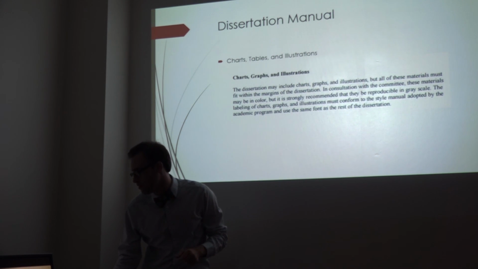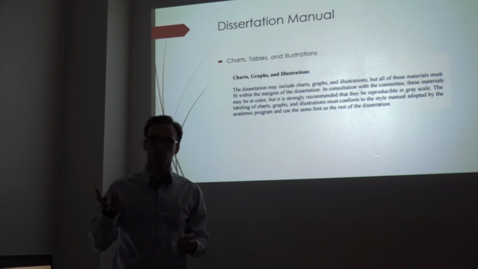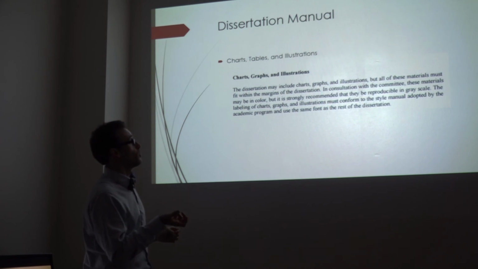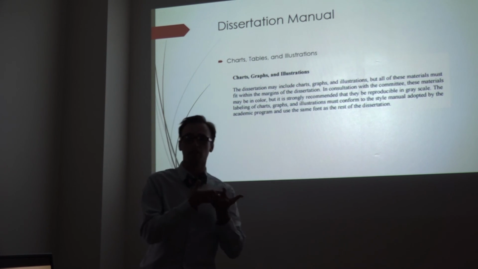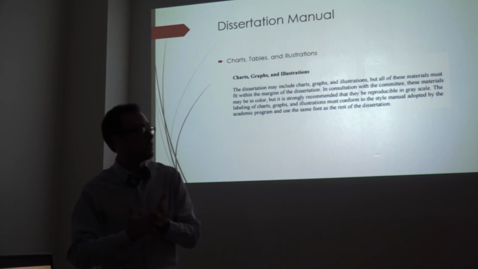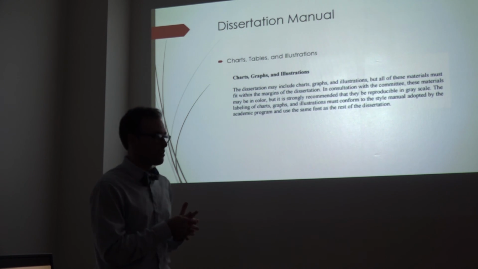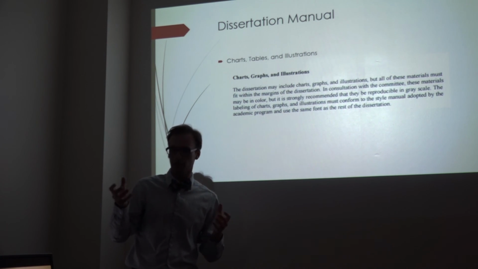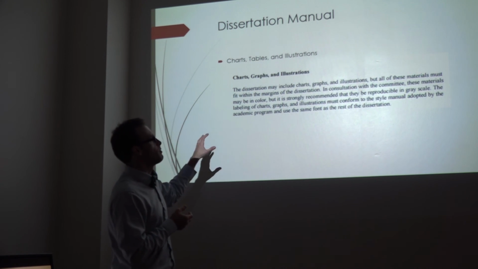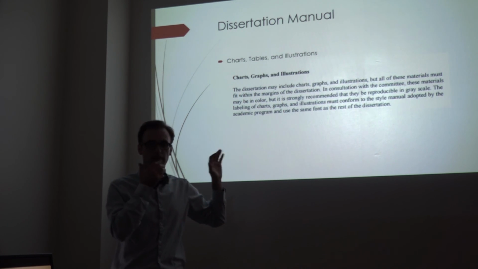And then finally, charts, graphs, illustrations, again, when submitting a dissertation. Make sure that they fit within the margins. Make sure they can be in color, but that they can be reproduced in, say, grayscale. And then the labeling of those charts must conform to the style guide of, say, Chicago. Keep in mind that when you're citing a chart or a graph, you have to get permission.